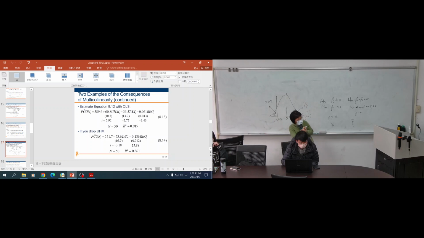And ours is negative 2.77. It's here, and now the tail area will be the left-hand side. So p is smaller than alpha. So UHM and TAX are all significant. But for REG, the sign is different, and it is not significant.